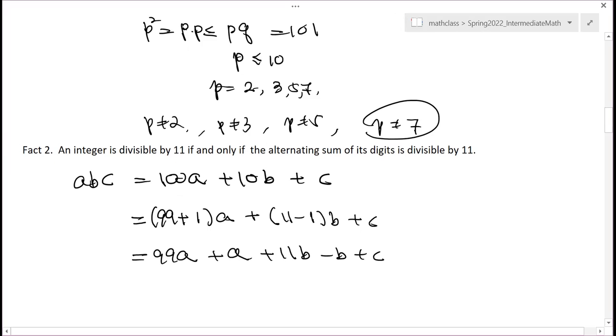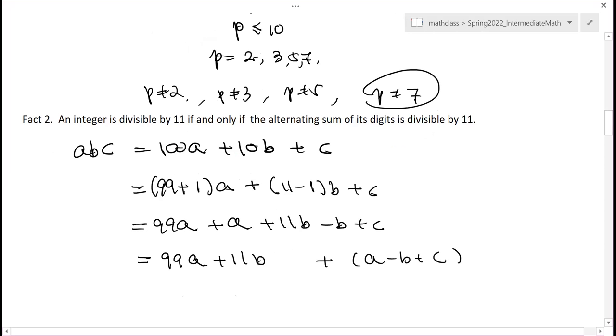I wish you to prove this is true for a 4-digit number when you have time. So it's 99A plus 11B, and here I have an alternating sum. You see, A is positive, B is negative, C is positive, so it's alternating. So this is clearly divisible by 11, because 99 is divisible by 11, and 11 is divisible by 11.